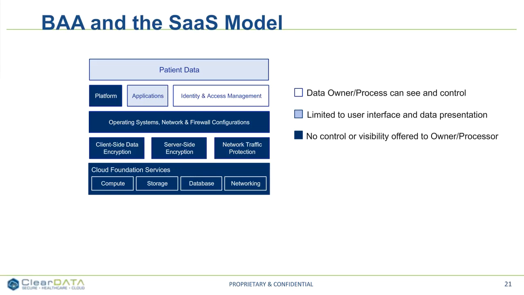Keep in mind, though, as a data owner, you can never fully offload your accountability and legal liability for the data, but your SaaS provider should be responsible not only for the foundational services such as the compute, storage, database, networking, the encryption, the OS, the firewalls, etc., but also the platform itself. And the application really is limited to the use of some configuration customization, but really, again, no real control or visibility exists. Sometimes this works great.